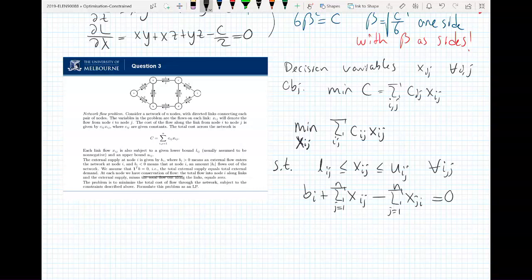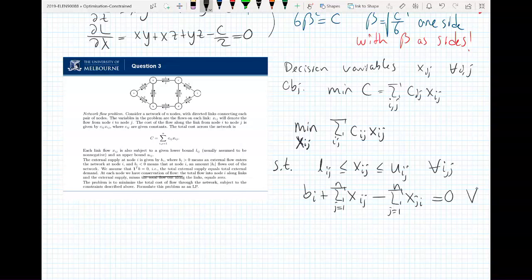So B can be pumped in or taken out, or you may be an intermediary node, B is 0, then your inputs should be equal to the outputs. A router shouldn't generate new data in, data out. A transformer, power in, power out. All right? And this is called a linear program, and that's it. That's it, done.